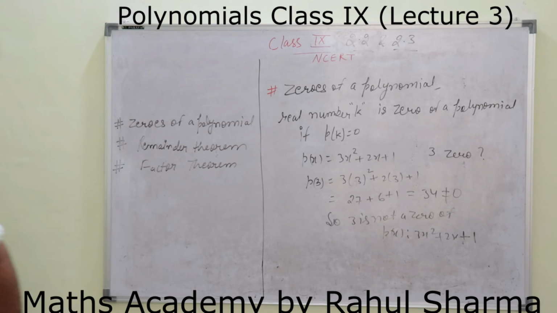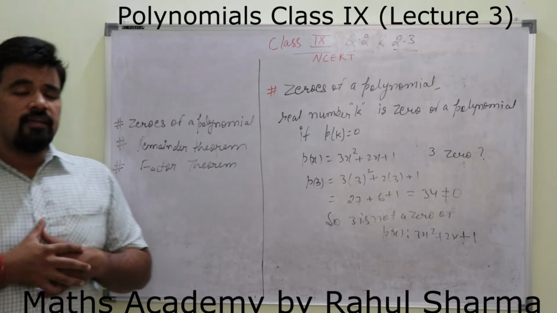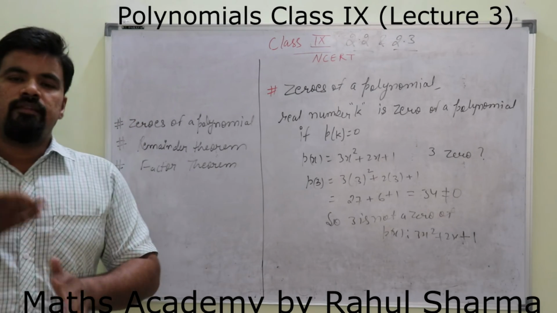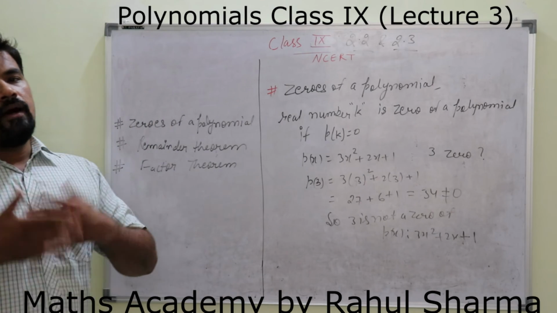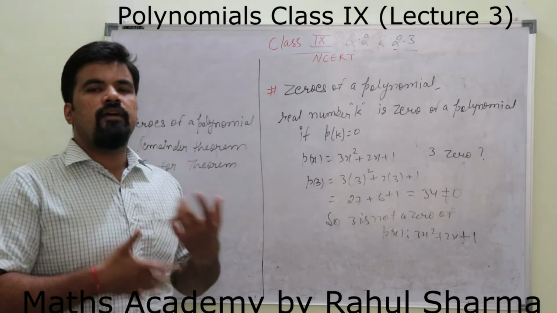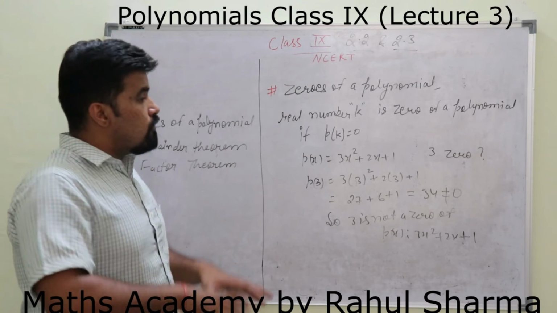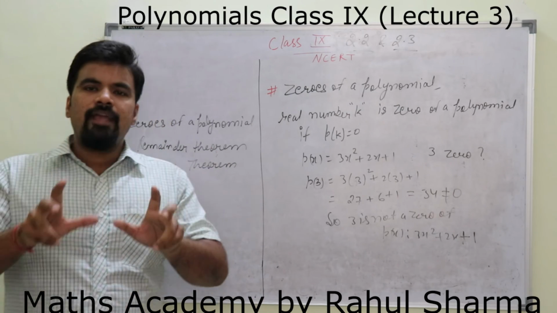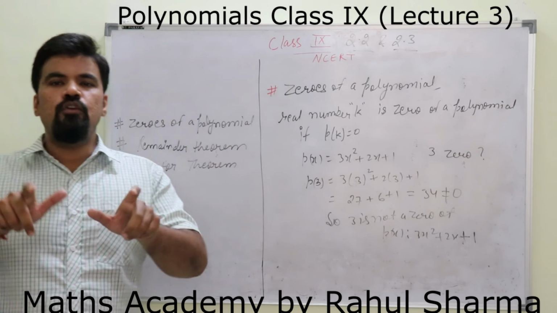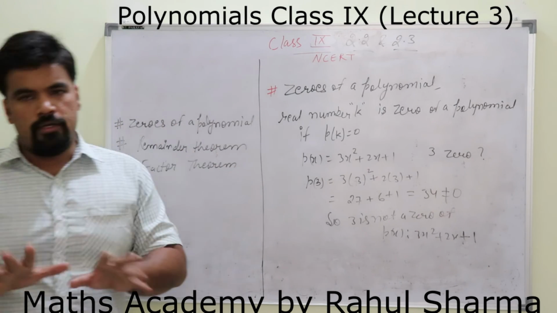Now the question comes, where will these numbers come from? So when you gradually move towards the other concepts of polynomials in 9th standard as well as 10th standard, you will come to know by how many methods you can find the zeros of a polynomial. But right now the only thing you need to understand is how to check whether a particular real number is a zero of a given polynomial or not.